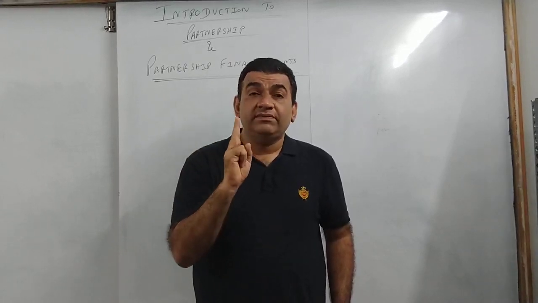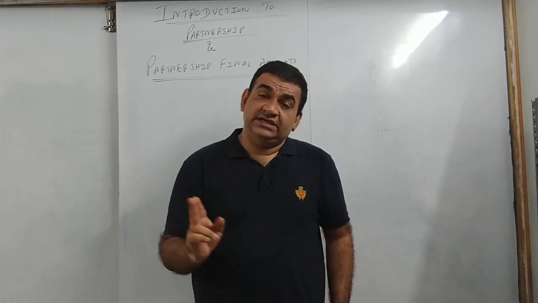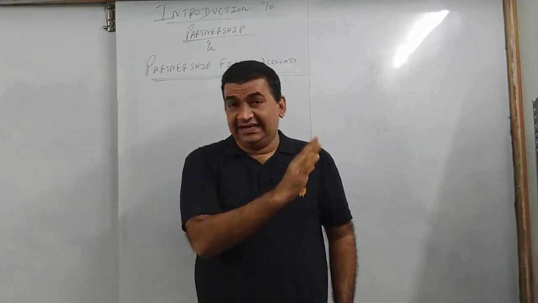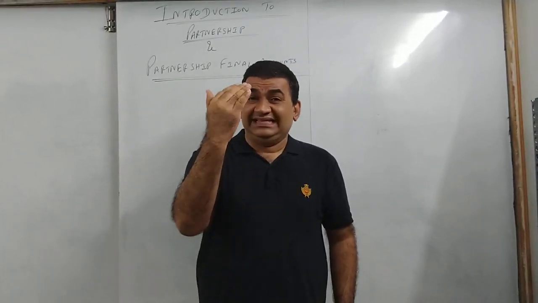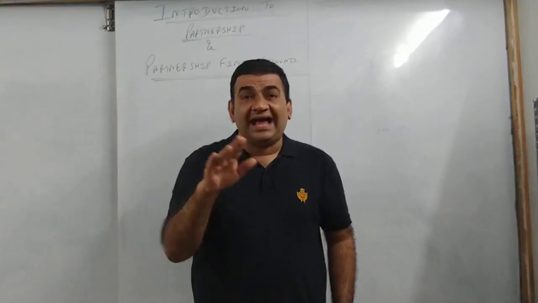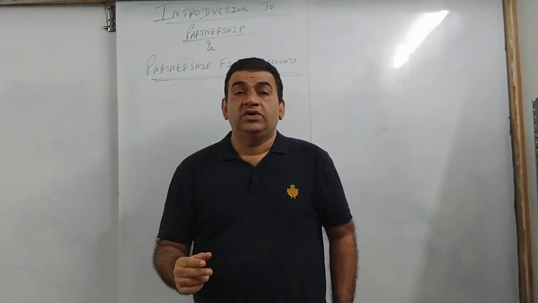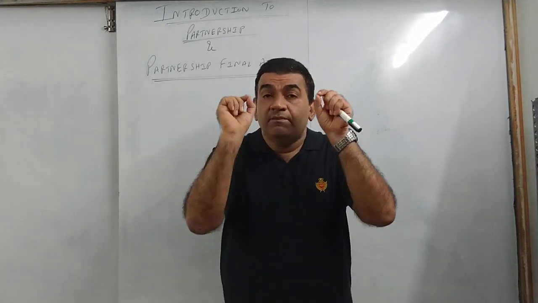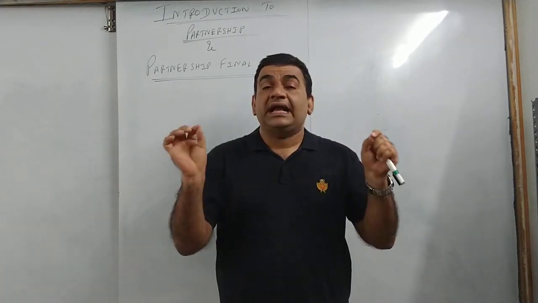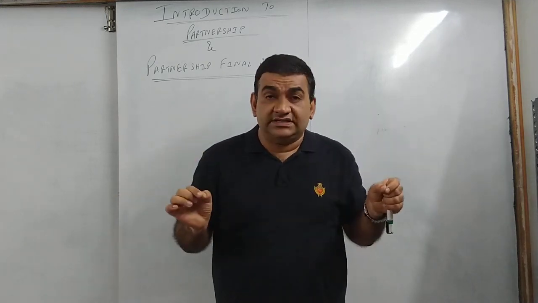There will be minimum 2 persons who come together to do a business jointly, and they will share the profit and loss amongst themselves in the agreed ratio or as per the provisions. What are the provisions? We will see now. So in short, partnership is nothing but a minimum of 2 people coming together and jointly doing the business.